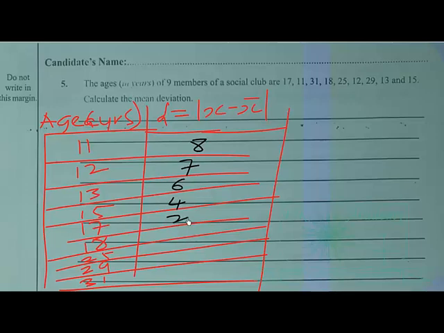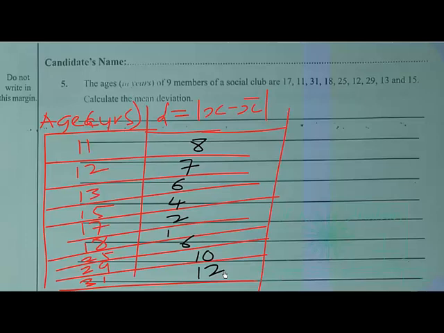Then 19 minus 18 is 1. Then 19 minus 25 is negative 6, absolute value is 6. Then 29 minus 19 is 10, absolute value is 10. Then 19 minus 31 is negative 12, absolute value is positive 12.